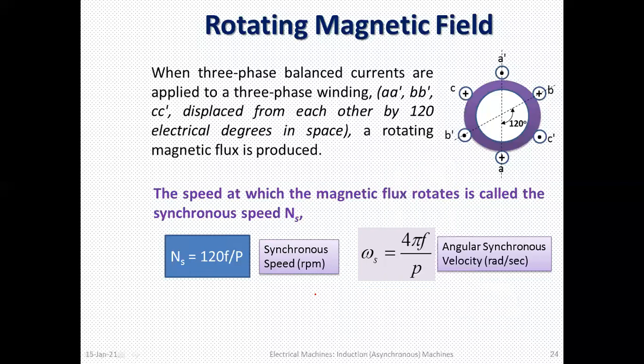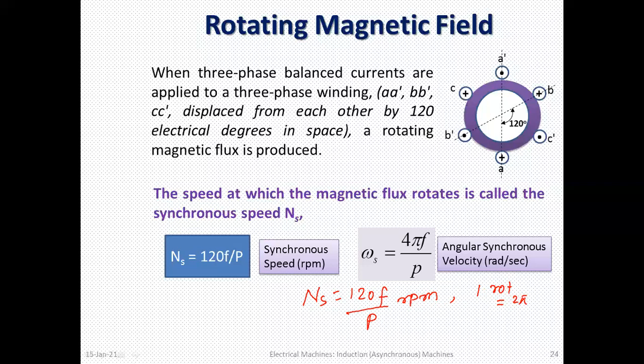It is like this. Suppose this is ns, and ns equals 120 f by p. This is in rpm, rotations per minute. So we know in one rotation how much angle is formed: 2 pi.